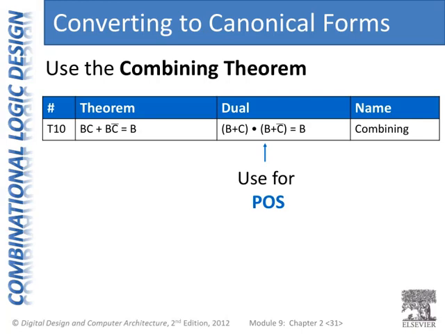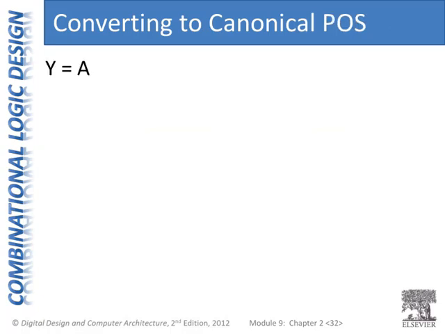So now let's do some examples of converting to canonical form for POS form equations. So again, we're going to use reverse combining, but we're going to use the dual form: A is equal to A or B quantity and A or B bar.